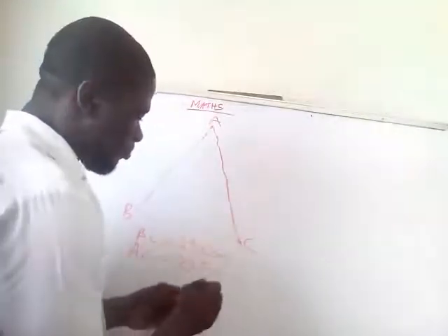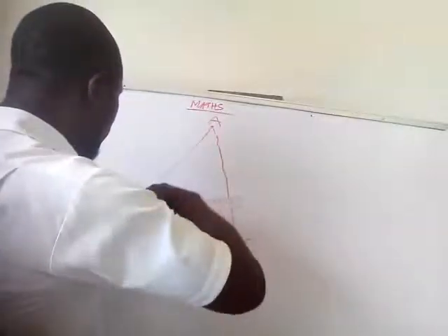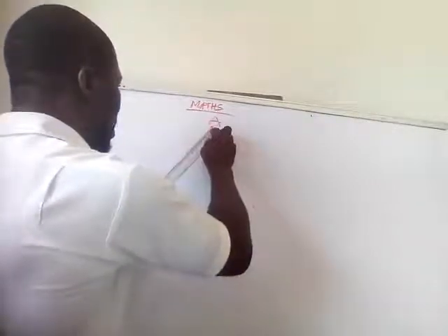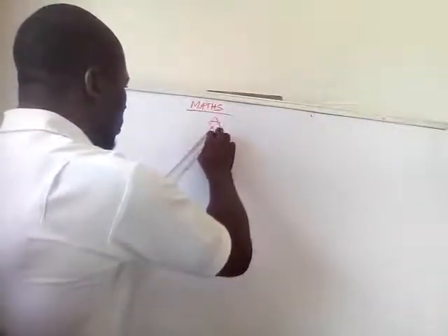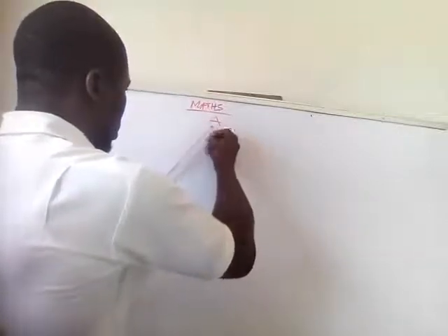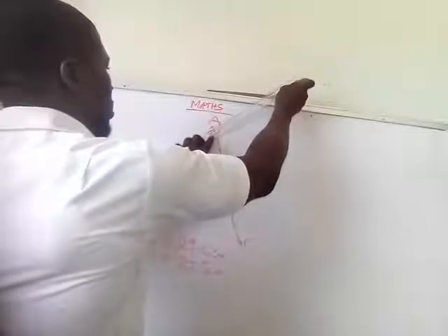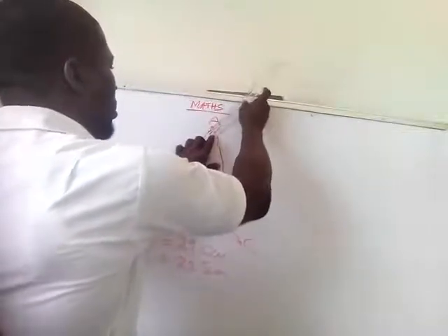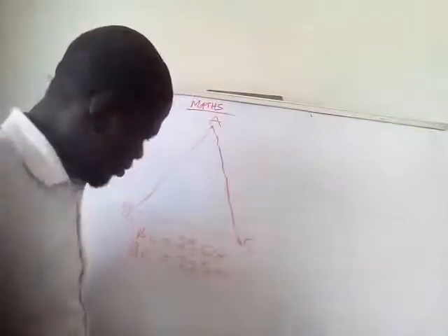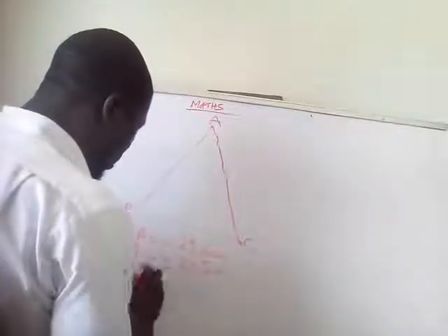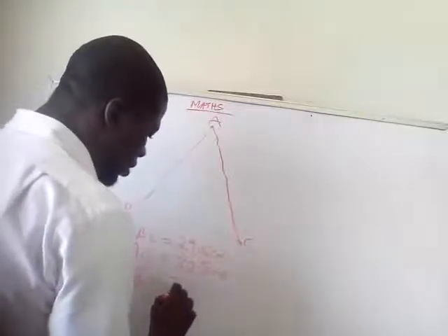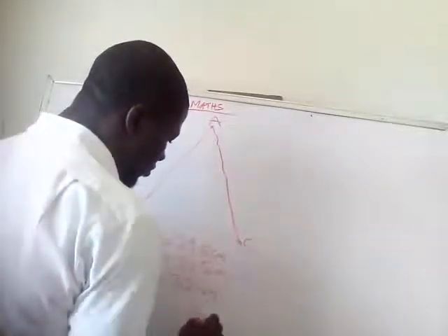Then AB, remember the 0, you put the 0 first, at approximately 32. Line AB is equal to 32 cm.